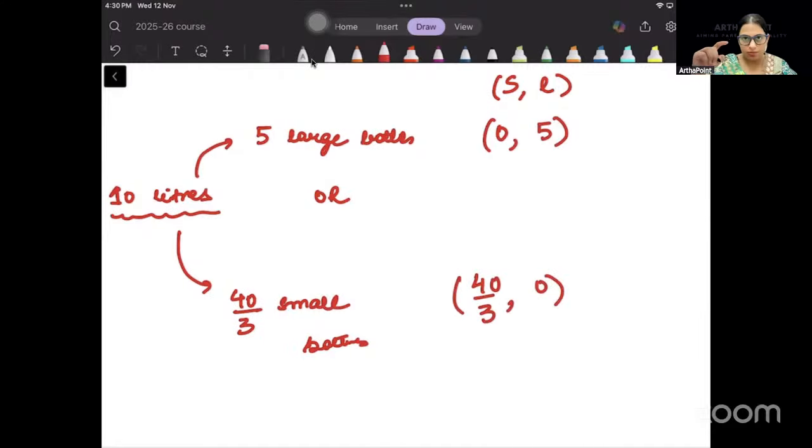Both these bundles give me the same amount of water.